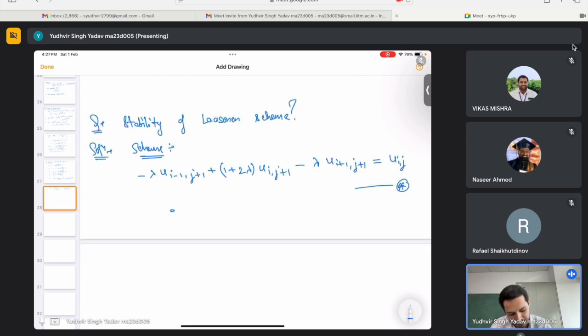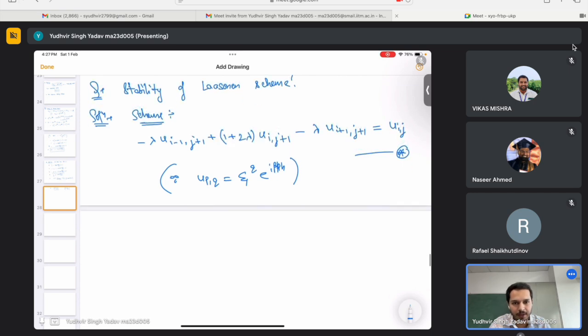So here again we will substitute the solution of the form using von Neumann stability analysis. We just substitute this in our given scheme.